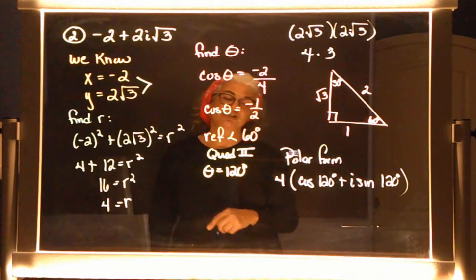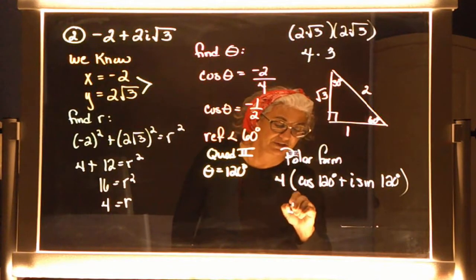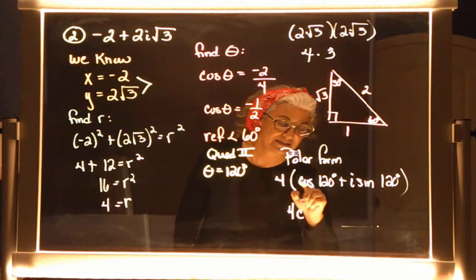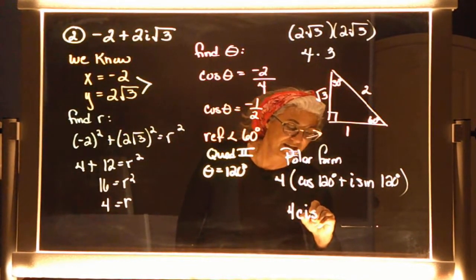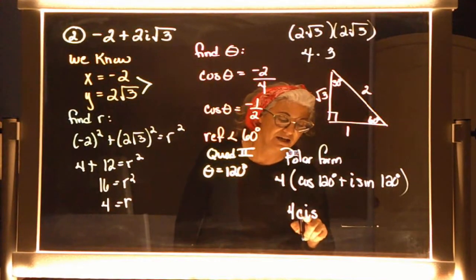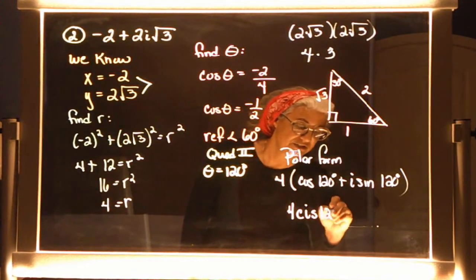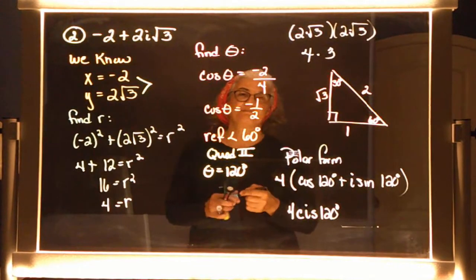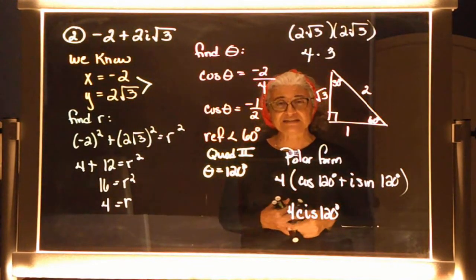And if you want to write shorthand, 4 cis, cosine i sine of 120 degrees. Good? Does this make sense?